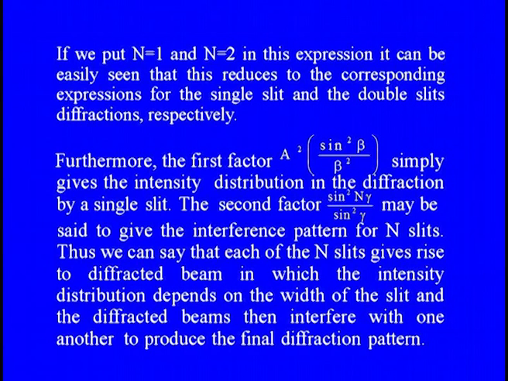The second factor, sin squared n gamma by sin squared gamma, may be said to give the interference pattern for n slits. Thus, each of the n slits gives rise to a diffracted beam in which the intensity distribution depends on the width of the slit, and the diffracted beams then interfere with one another to produce the final diffraction pattern.